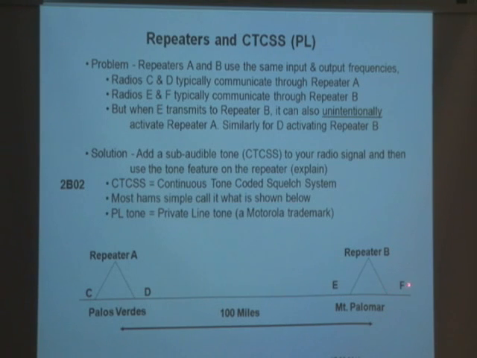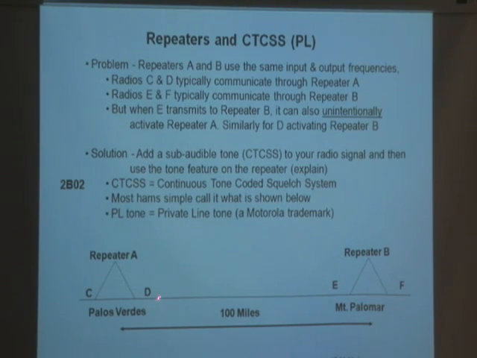Well, 100 miles away, down near San Diego, there's a mountain called Mount Palomar. Some hams down there, and this was a real story, had a repeater with exactly the same frequencies as this one. Hams down there would talk through that repeater, until one day, this is what happened.